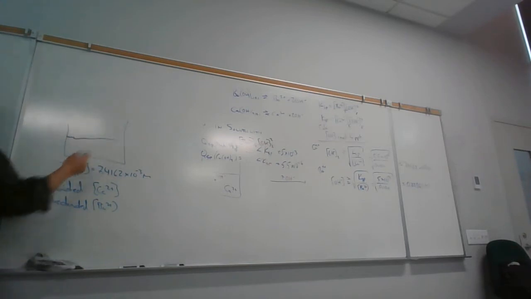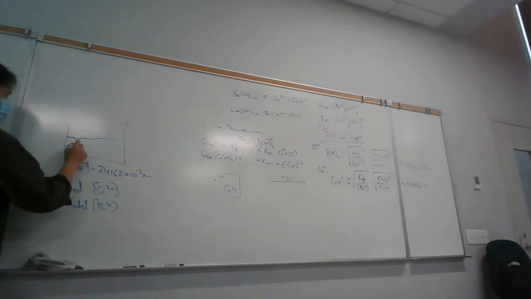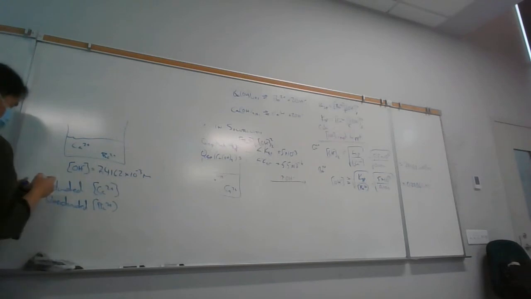And so right now then, there's enough hydroxide in there to start to precipitate out the calcium, but not enough hydroxide to start to precipitate out the barium.